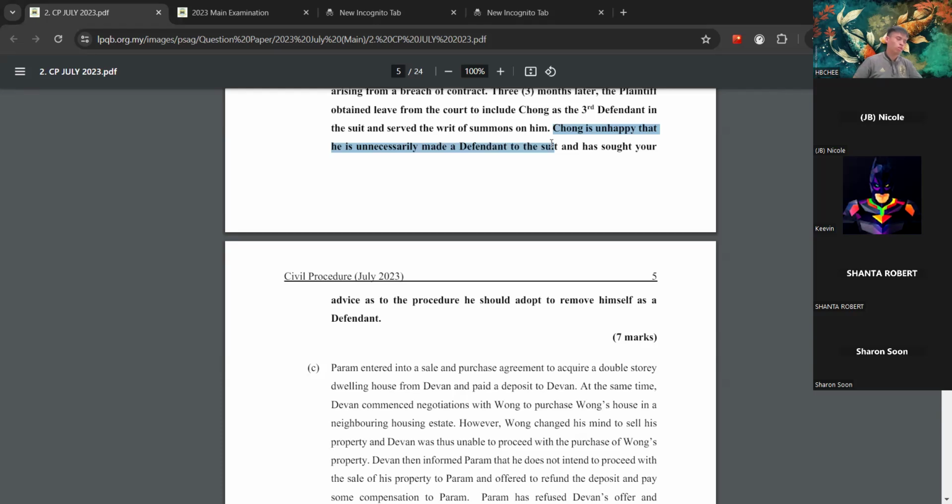To differentiate non-joinder and misjoinder: in non-joinder, there is a party who is supposed to be joined into the suit, but maybe out of a mistake, he or she was not included as a party in the action.